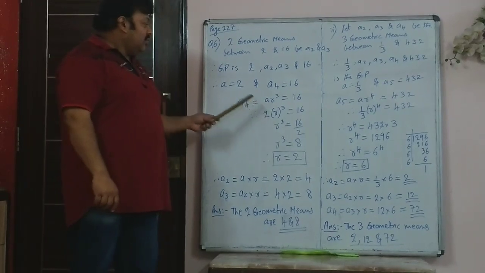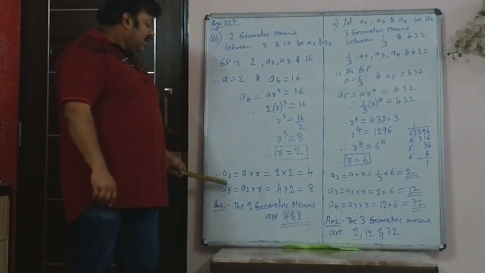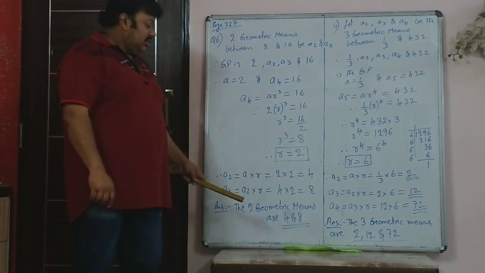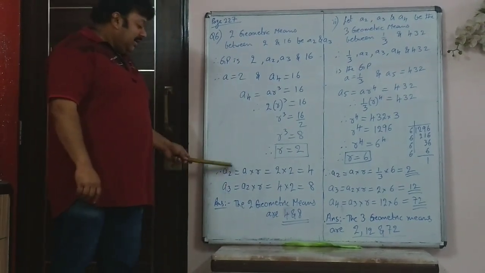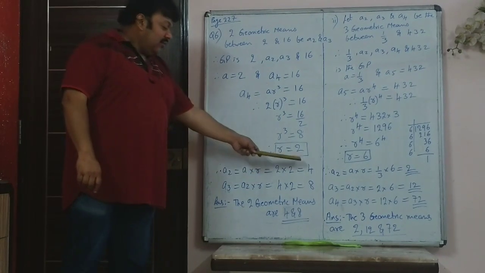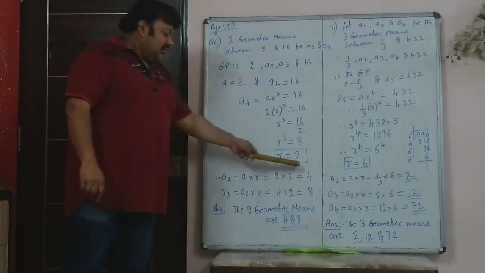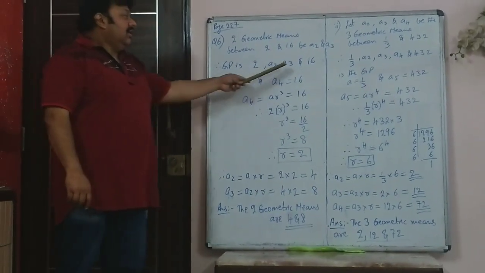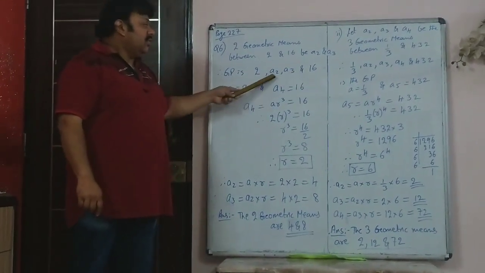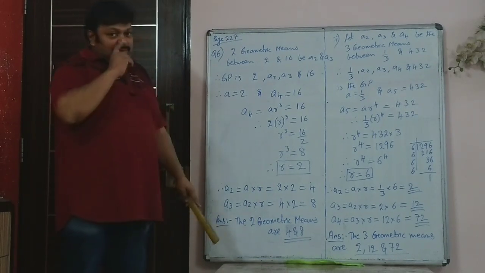So if R is 2, first term is 2, so A2 is A into R, so 2 into 2, 4. A3 will be A2 into R, so it is 4 into 2, 8. So these are the two numbers you should put in GP in between 2 and 16, so that all four of them are in GP.